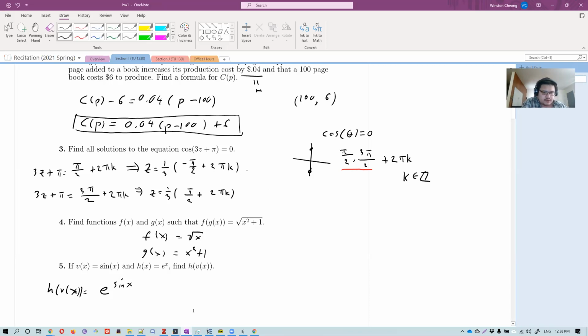I think what I want to do is start listing out some of the values that you'll get if you plug in different values for k. You can get minus pi over 6 by plugging in k equals 0. If you plug in 1, you'll get 3 pi over 6. I'm going to leave it unreduced, and then 7 pi over 6. And you can hopefully see a pattern with that. With the other set, you can get pi over 6, 5 pi over 6, and 9 pi over 6.